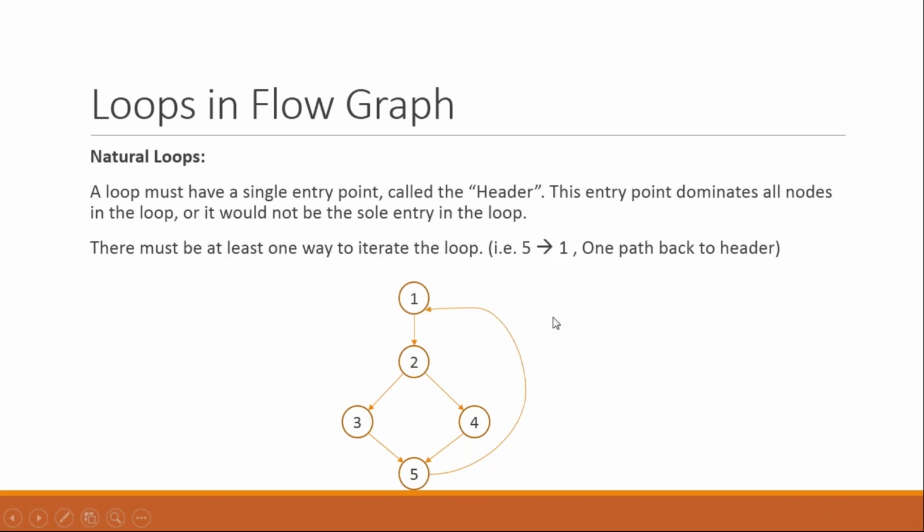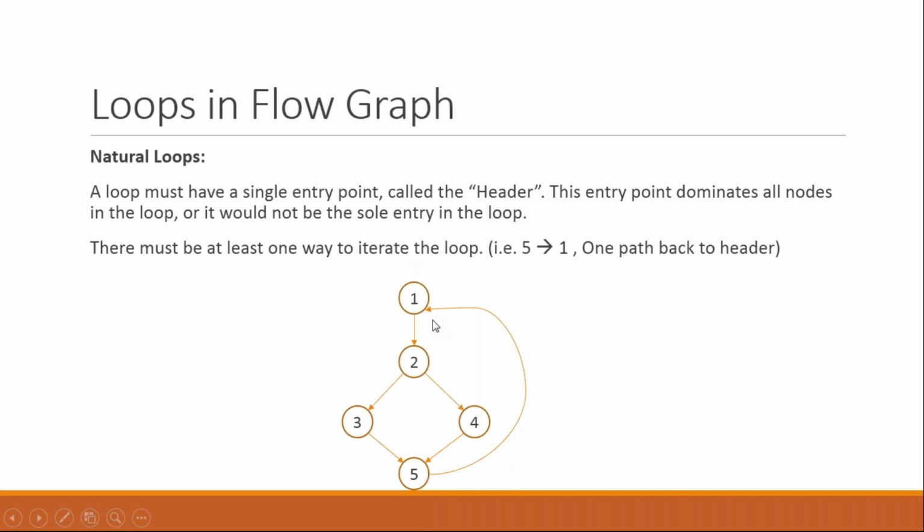Now the second one: what is a natural loop? Our initial node is 1 in the given example, and node 1 is always the entry point of my loop, so node 1 is the header of my given loop, right?